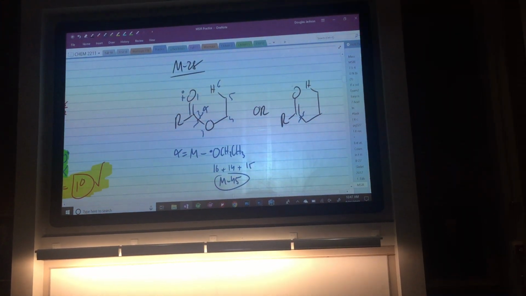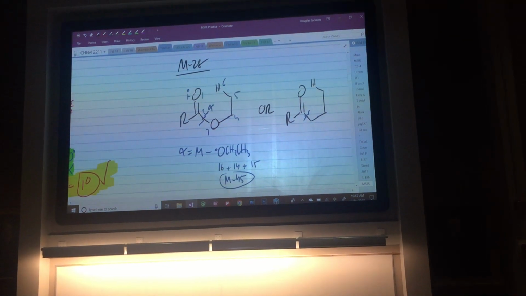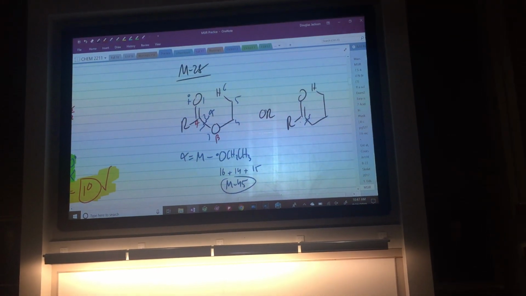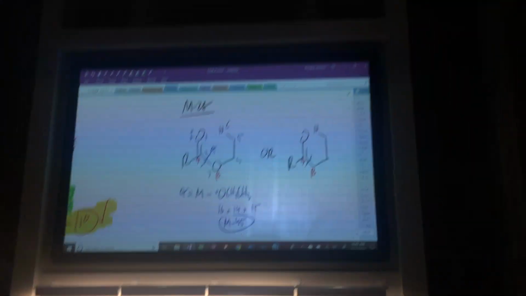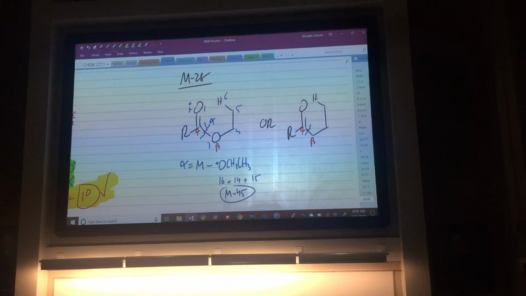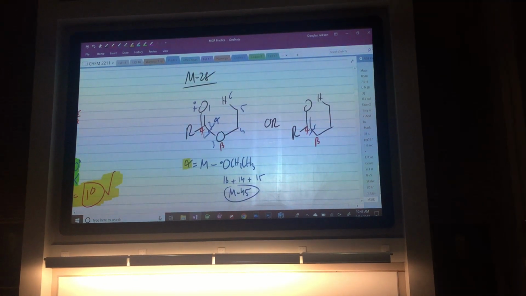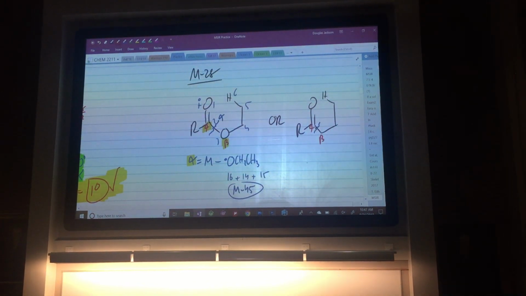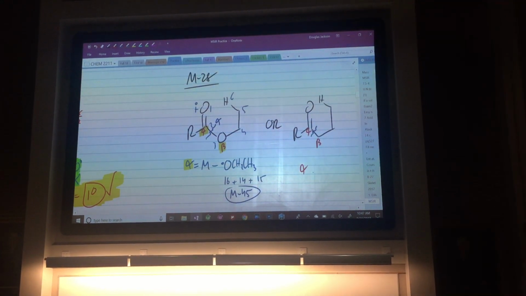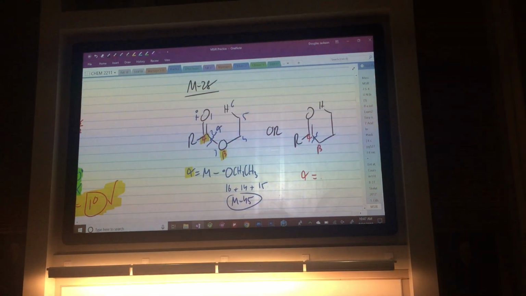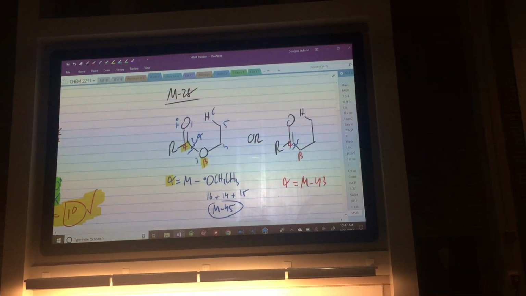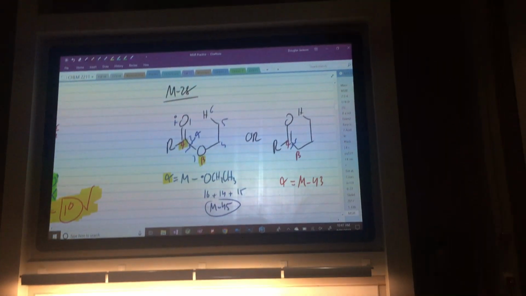Or an alpha cleavage, because for alpha cleavage, remember alpha and beta away from the charge. Alpha and beta away from the charge. Or an M minus 43 for that propyl group.